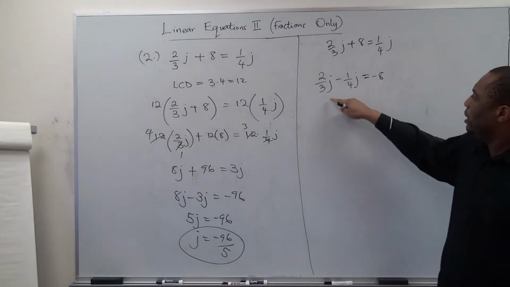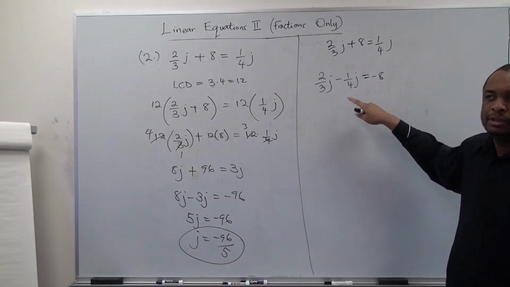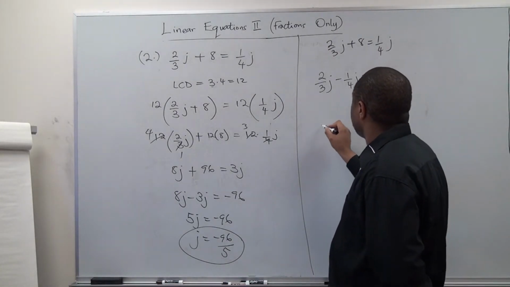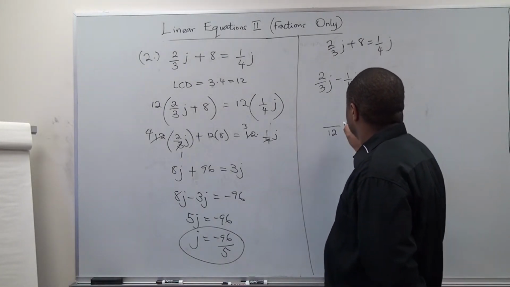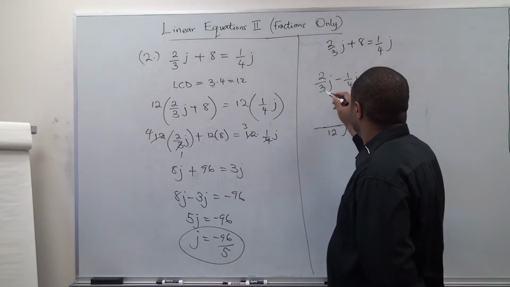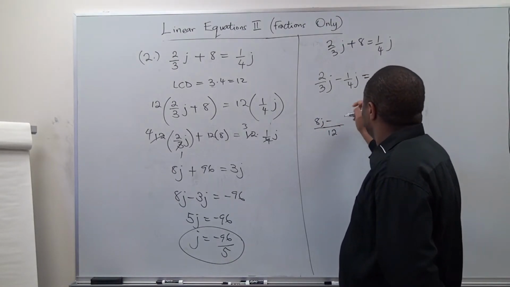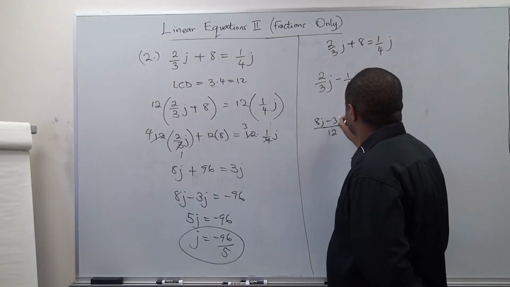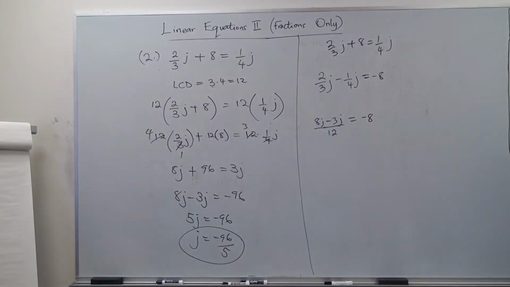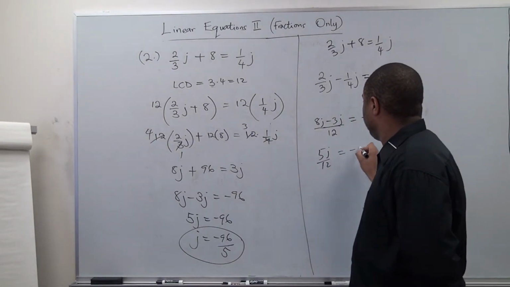So now we subtract this fraction. You need to view subtraction of fraction. LCD of this is 12, of course. So we have 12j, this will be 8j minus 3j equal to negative 8. If you do the fraction, you see what I'm talking about. So you have now 5j over 12 equal to negative 8.